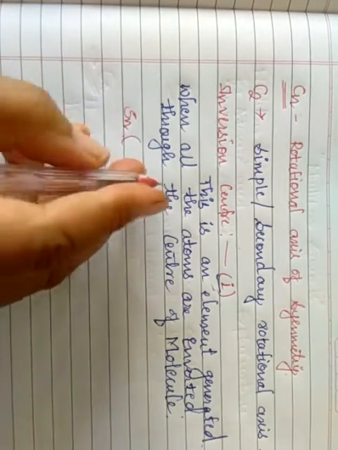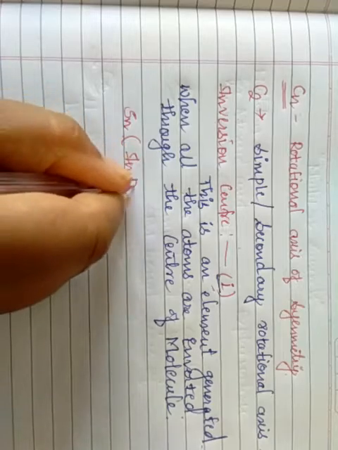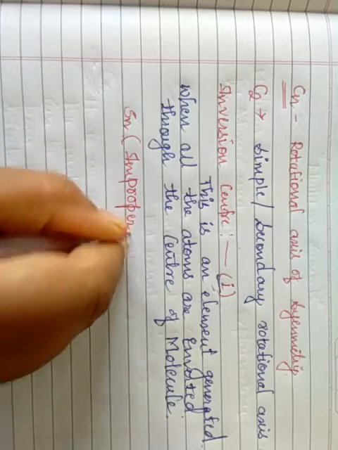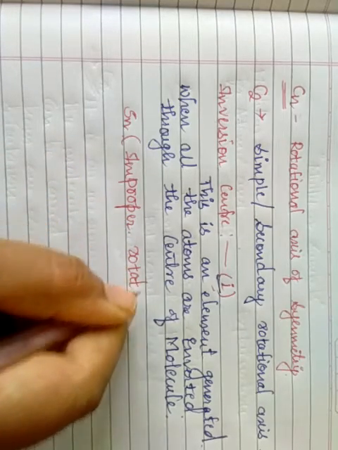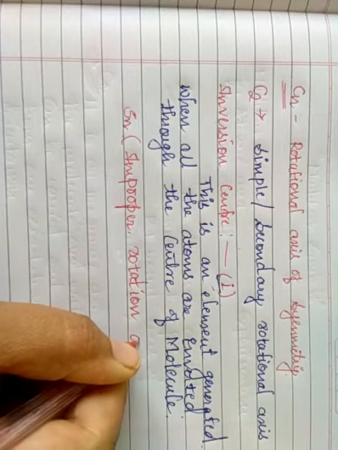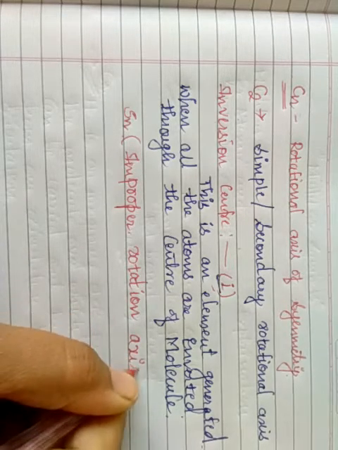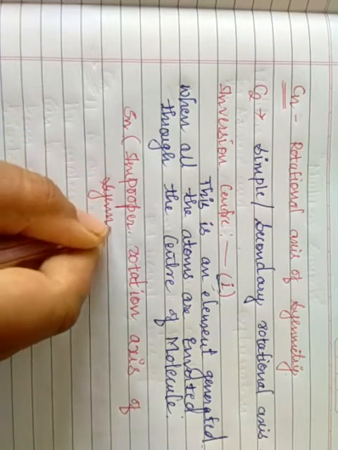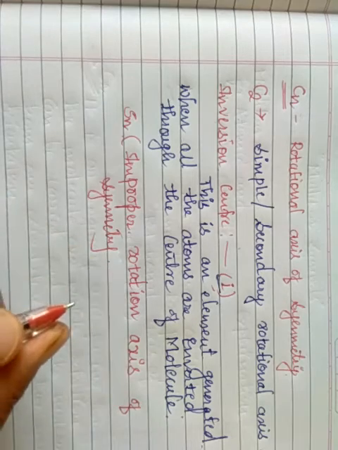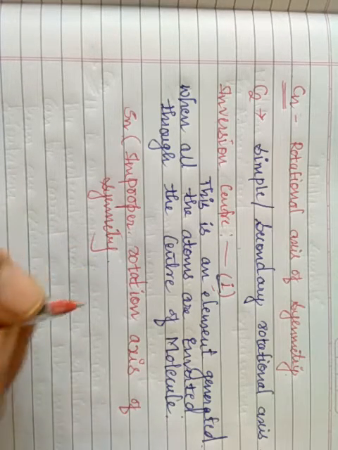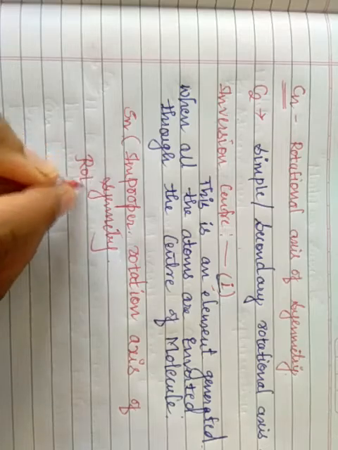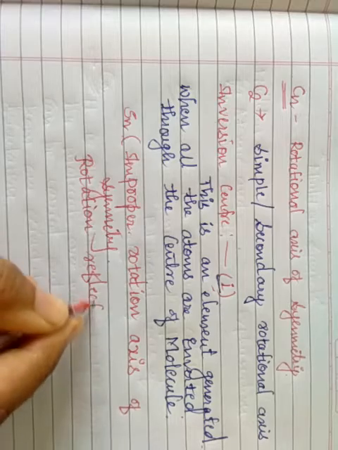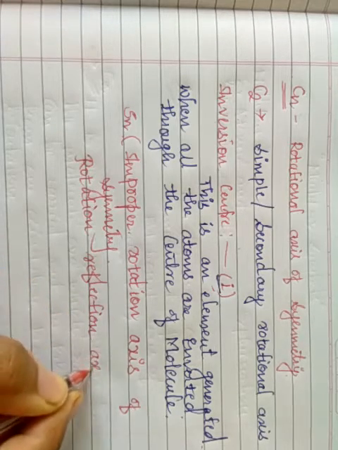Sn is nothing but improper rotation axis of symmetry, or we can also call it a rotation reflection axis.